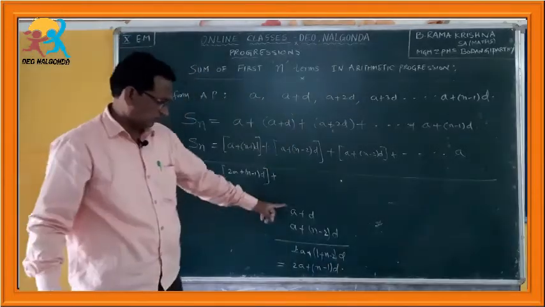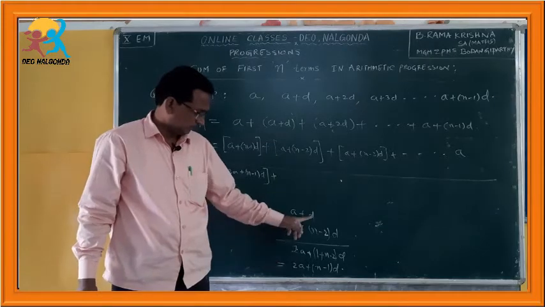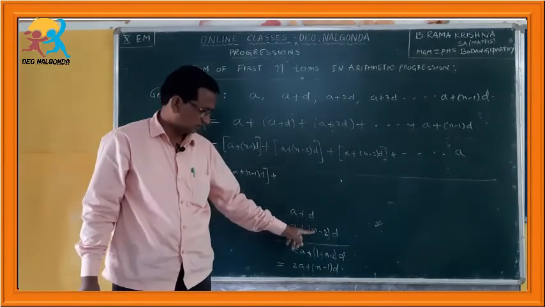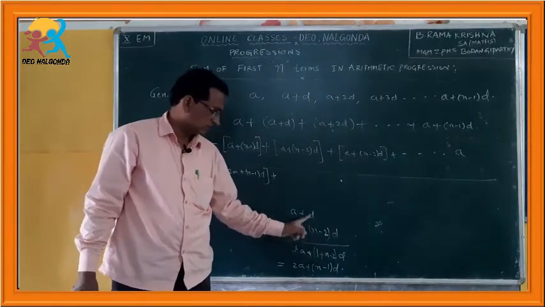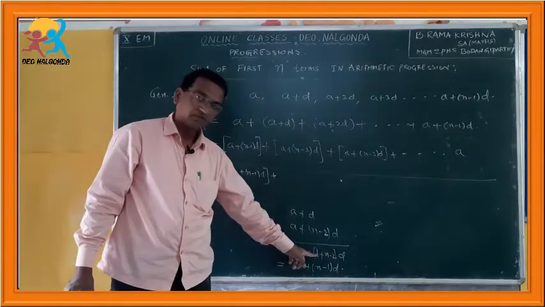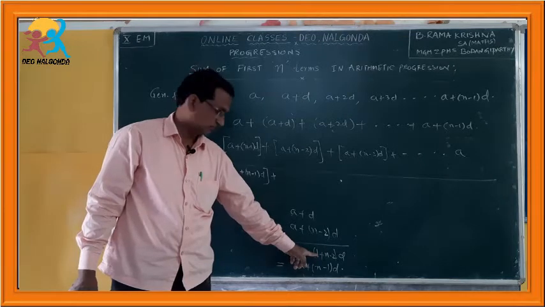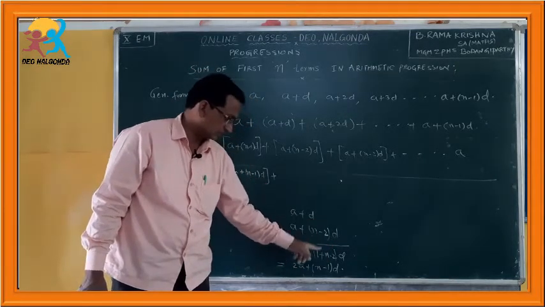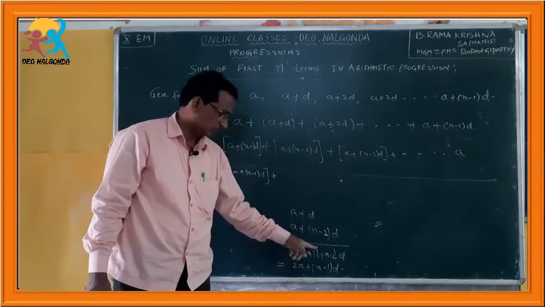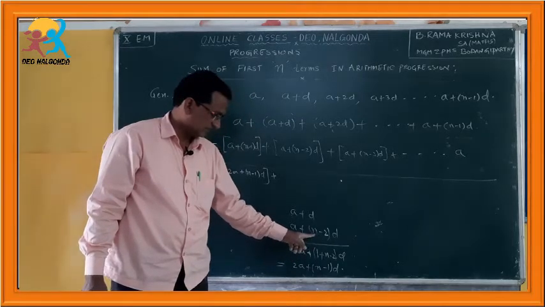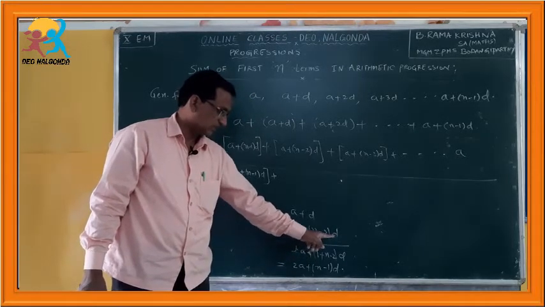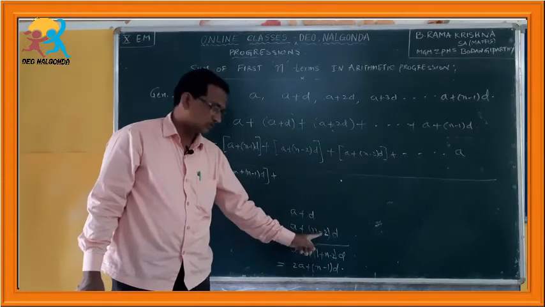A plus a is 2a. You have to add these two. Out of these two, I took d as common. In the place of d, I am writing 1. If you take out the complete common factor, you have to write 1 there. If you multiply this and this, you have to get this. 1 into d is d. So, plus n minus 2. Here, d is taken common and I am taking this to n minus 2.